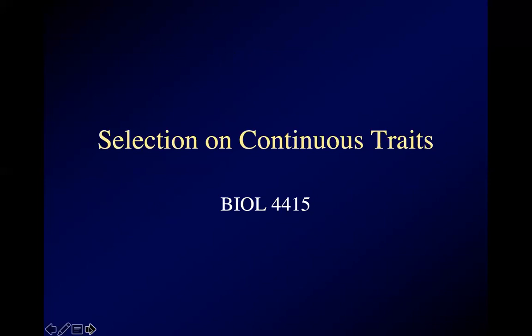Or you worked on peas that could either be yellow or green, smooth or wrinkled, fruit flies with either red eyes or white eyes. We've done all of our work so far on situations where there's just one gene with a few alleles governing a well-defined trait.